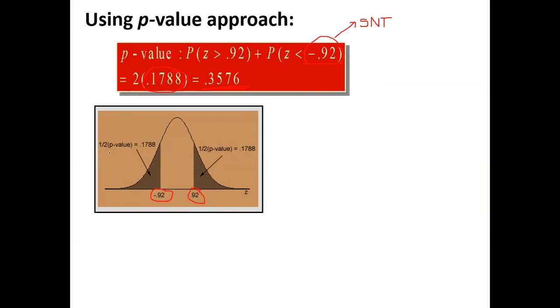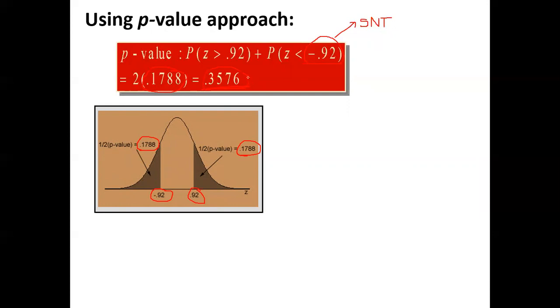So the p-value is divided by 2 because it is two-tailed, so you get 0.1788 for each tail. Now the p-value is 0.3576.